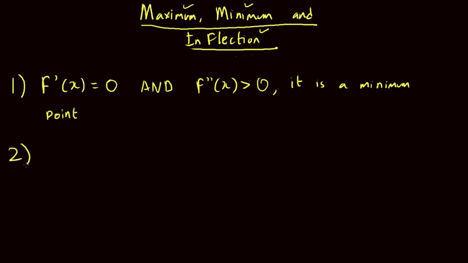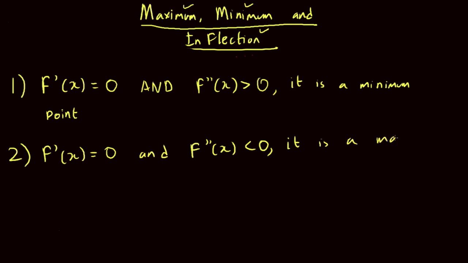If we have the case of f prime x equals 0 and f double prime x is less than 0, it is a maximum point.